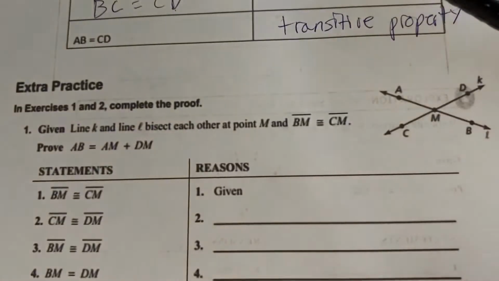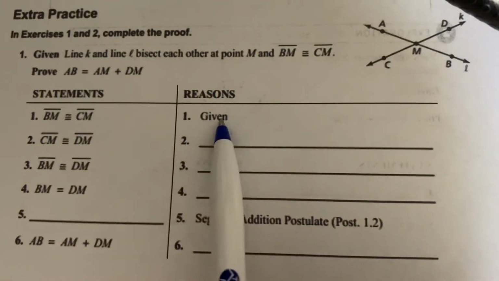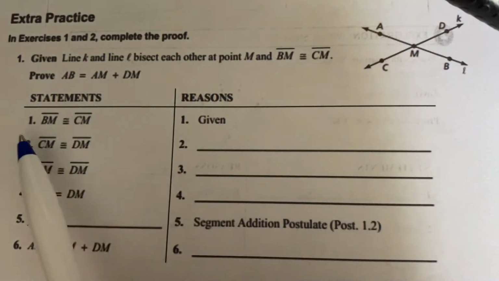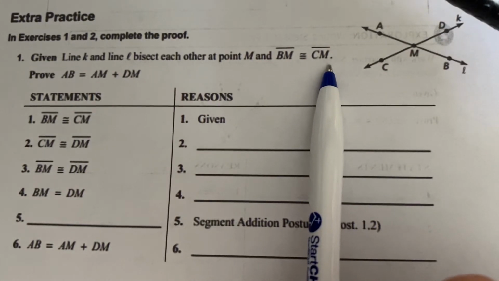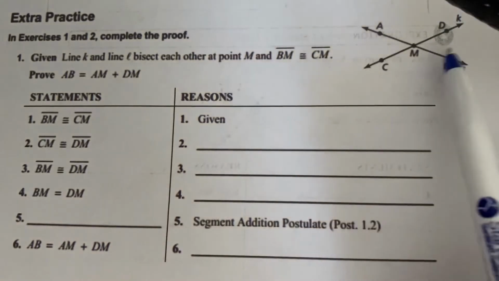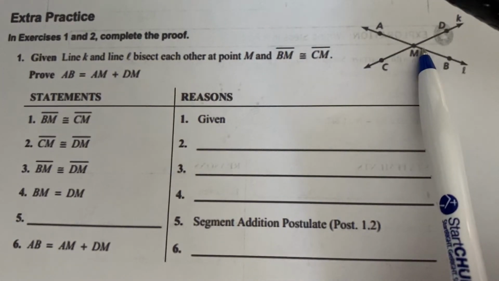All right. Great, so this one's extra practice. Go ahead and try this one by yourself. Okay. Again, we always write the given. We know BM is congruent to CM. Then we are told that CM is congruent to DM.